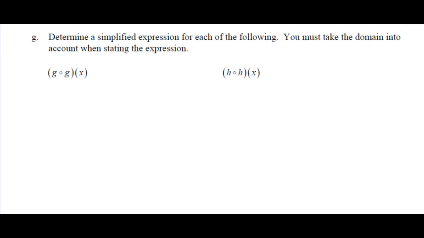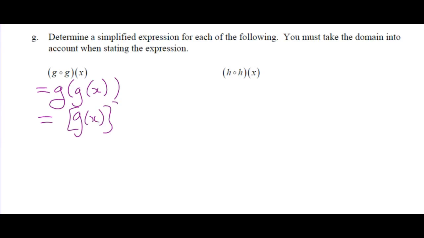Determine a simplified expression for each of the following. You must take the domain into account when stating the expression. Okay, so open circle means composition, right? This is g of h of x. I actually always like to just write it out so I know what I'm doing. So g of x says take the input, square it and subtract 1.